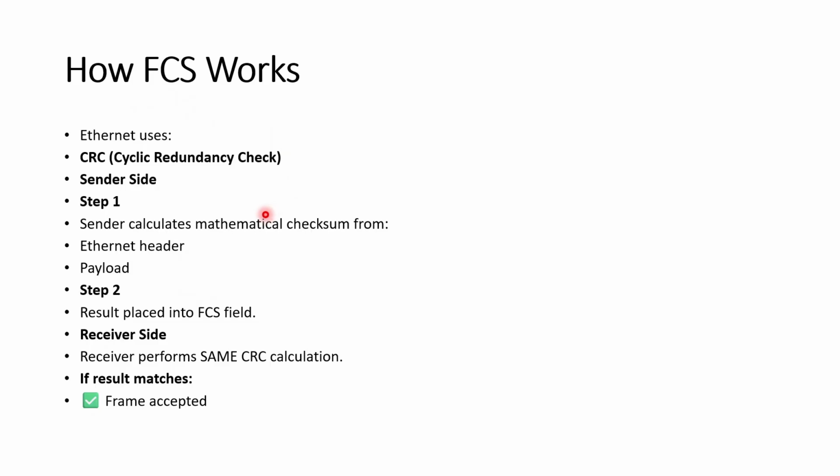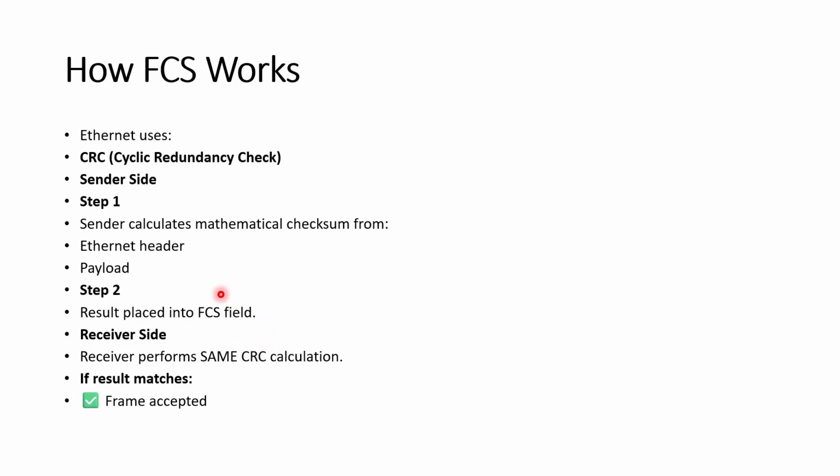So the receiver is going to use the same calculation that was done by the sender, which was the cyclic redundancy calculation. Then if the calculation matches, the frame is accepted by the receiver. If the calculation does not match, that frame is going to be discarded by the receiver.